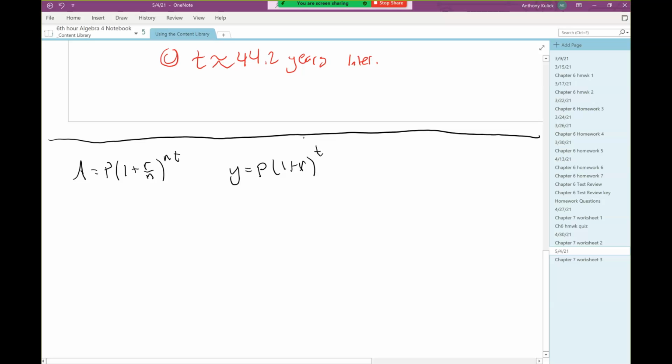If I take that compound interest and put N equal to 1, I get that general growth or decay model, right? Everybody see that? Is that okay? Yeah. Right, if N equals 1, these are the same thing, right?